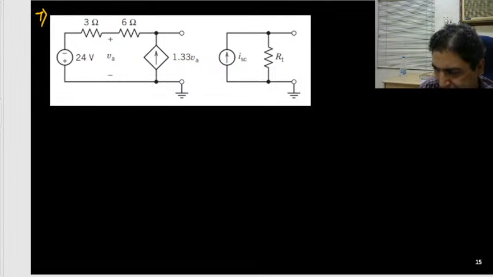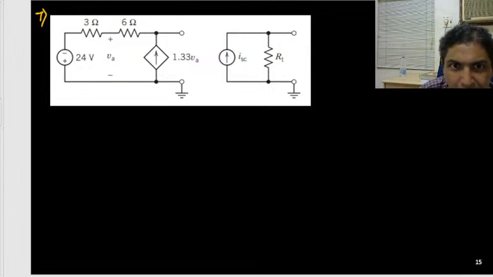So this is the problem. Can you solve it? Again, short circuit current and Thevenin or Norton resistance we need to find for this problem. So we will consider these one by one.